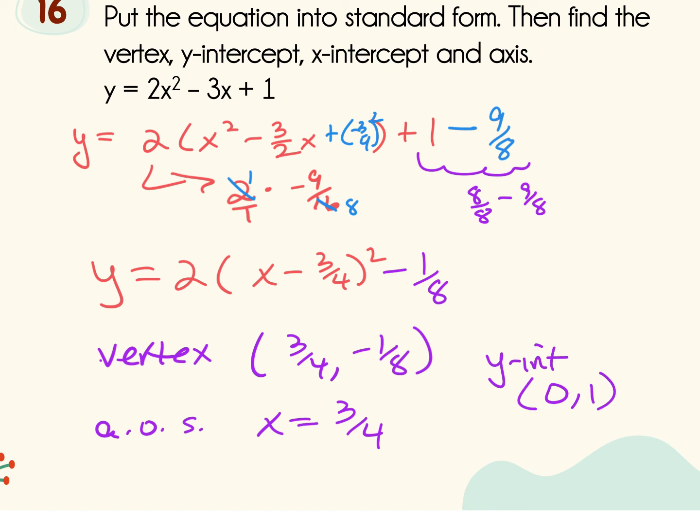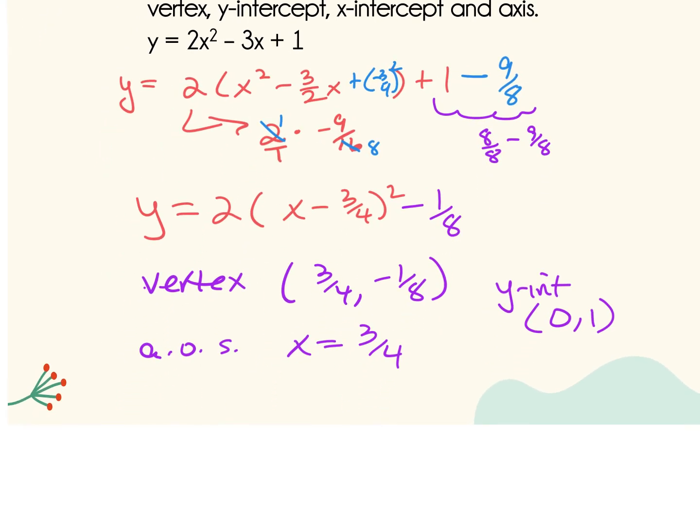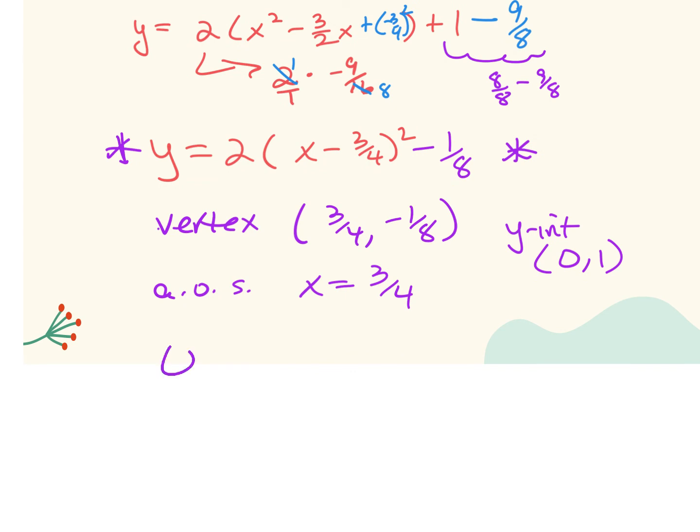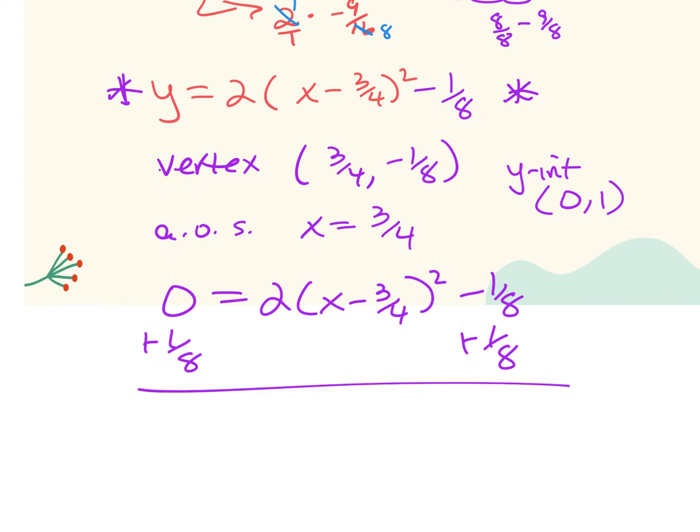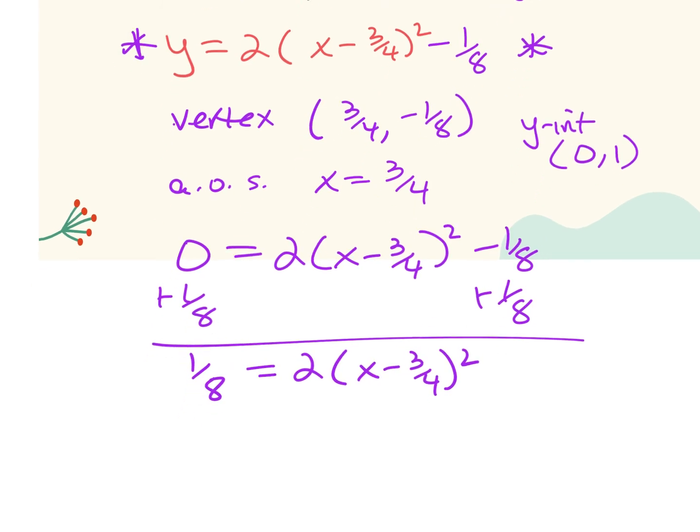And now to get the x-intercept, I'm going to use the standard form, and I'm going to set it equal to 0. Add the 1/8. 1/8 equals 2 times x minus 3/4 squared.